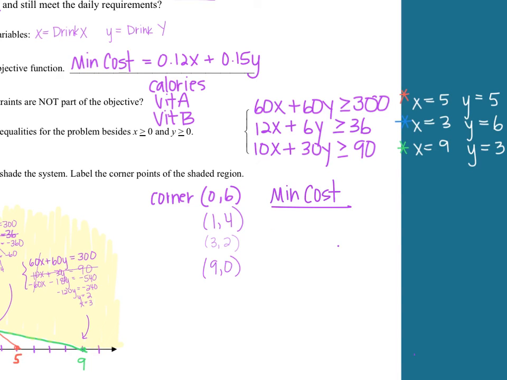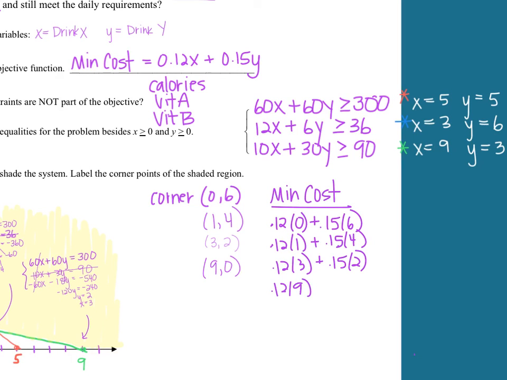We do that by multiplying 12 cents times the x value and 15 cents times the y value, and then we'll do 12 cents times the second corner point and 15 cents times the y, and 12 cents times 3 and 15 cents times 2, or 12 cents times 9 plus 15 cents times 0. All right, one of those is going to be our minimum cost.